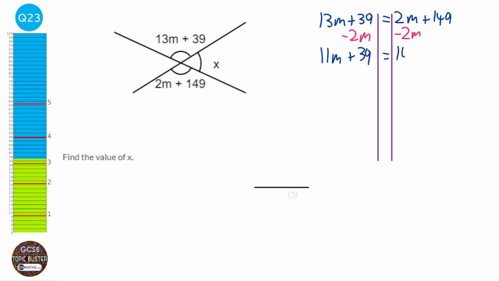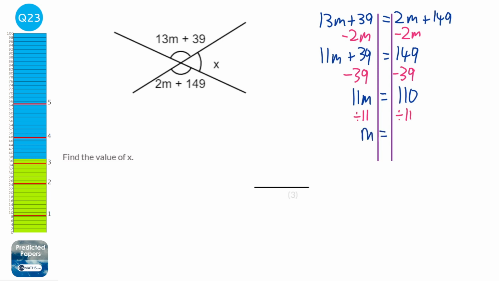And we've just got the 149 on the right hand side. Next we're going to remove the number, so take away 39 from both sides, and we've got 11m is equal to 110, and then we're going to divide both sides by 11 to find out what m is. So m therefore equals 10.